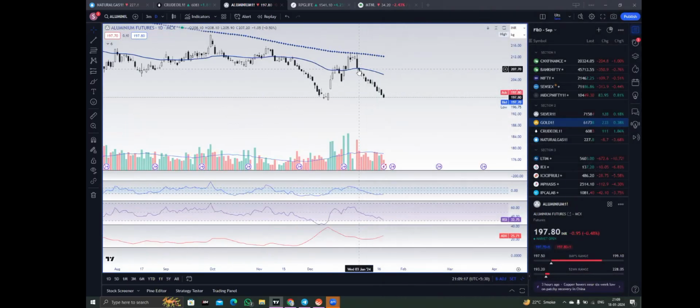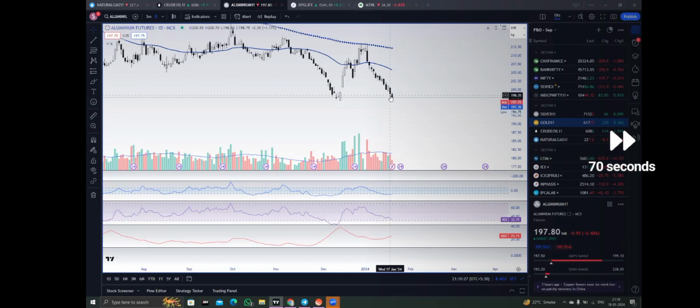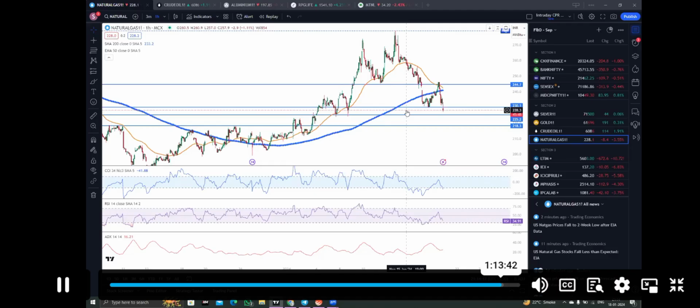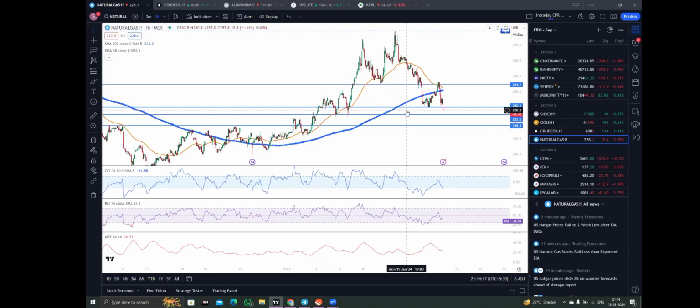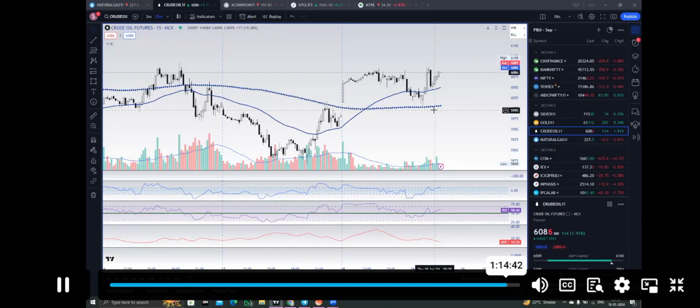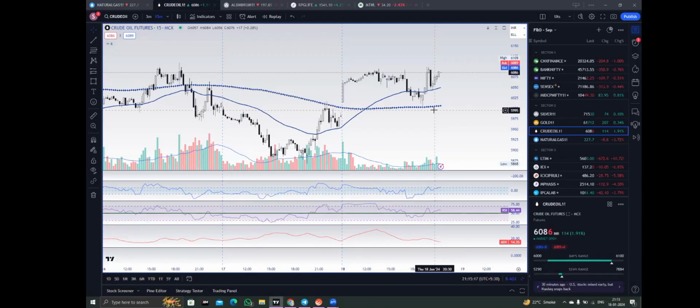You are talking about the swing achieved somewhere over here. Natural gas is mostly used in Europe and the US, basically for household purposes, so demand and supply could have been hampered.